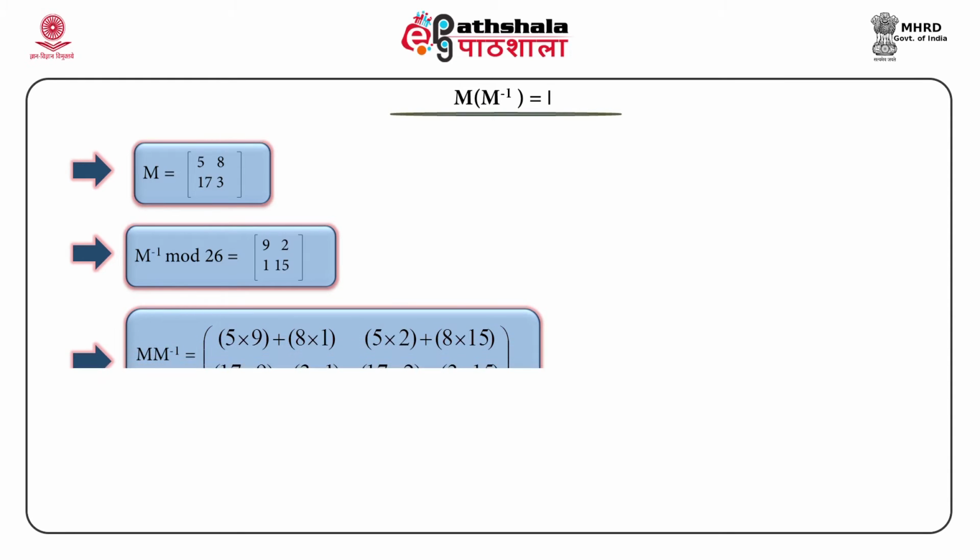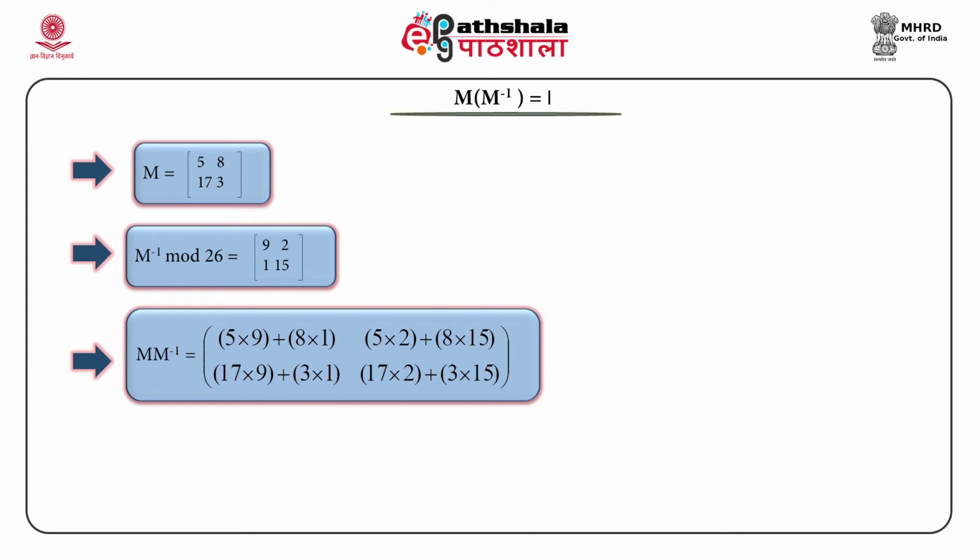This slide focuses on multiplying M with M inverse to get the identity matrix. And why are we bothered about this? Because Hill cipher can only work on a matrix which has an inverse matrix, and the idea is M multiplied by M inverse gives you the identity matrix. You all know matrix multiplication.